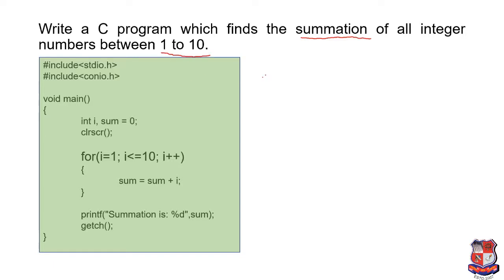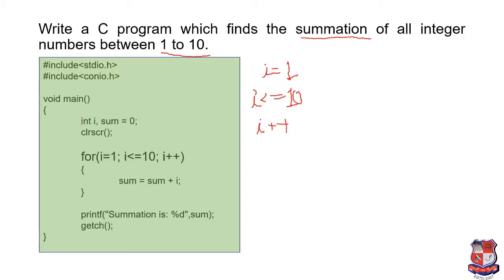So we will write i equals to 1, it is the initialization. Then what will be the condition? It will be i less than or equal to 10. And we have to increase the value, so that's why we are using i plus plus.